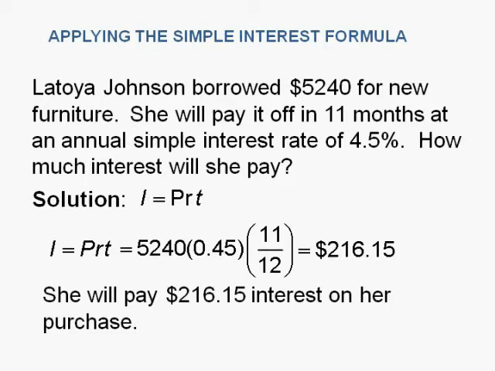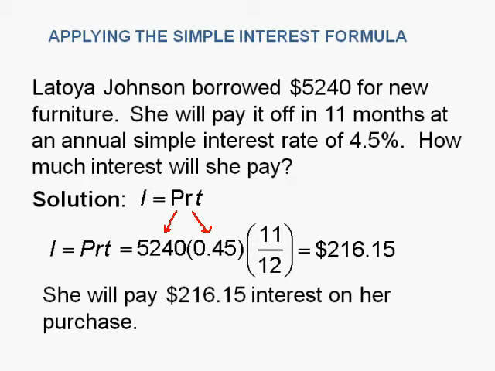And then it's kind of like the Glade plug-in commercial. Plug it in, plug it in. So knowing the formula, we're going to plug in the P is 5,240. The rate in decimal form, 4.5%, would be, great Scott, that looks like a mistake to me. I do think that's a mistake here in this graphic that I took here.